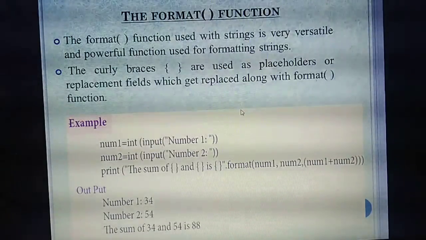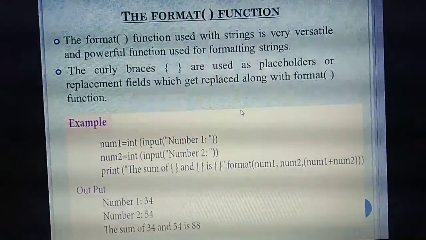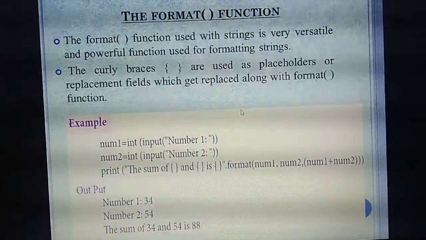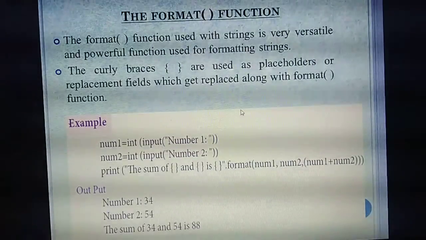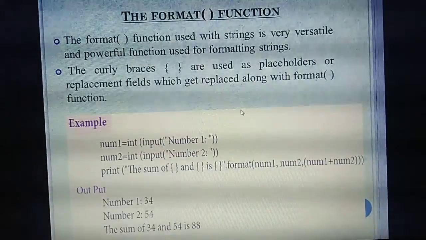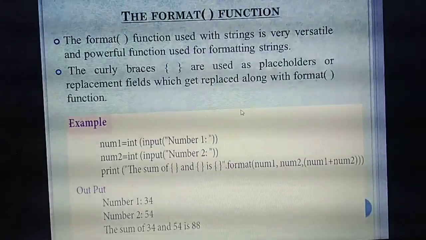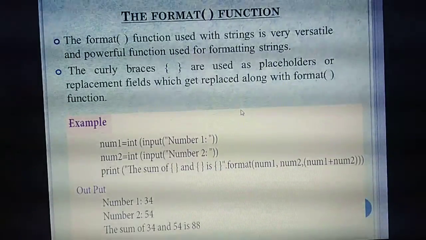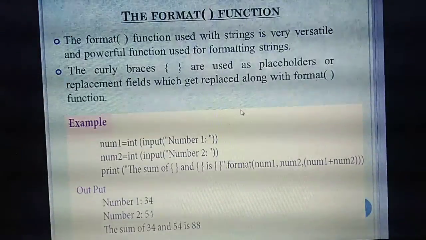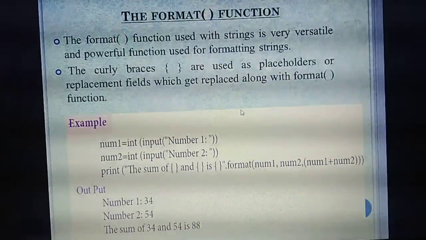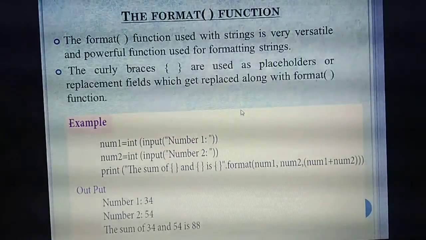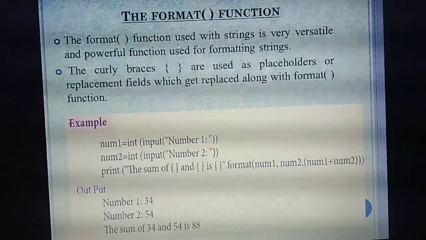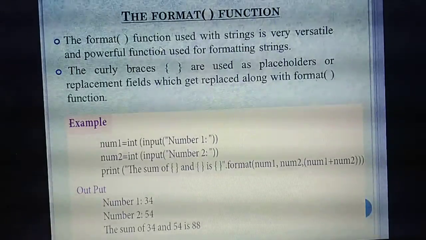If you are doing some calculations, adding two numbers, multiplying two numbers, or entering two strings, if you are doing calculations like that, we can give them inside this formatter function. That is formatting. You can give formulas inside, or you can add three numbers or some expressions. So that's the use of the formatter function. This is a very powerful function in Python.